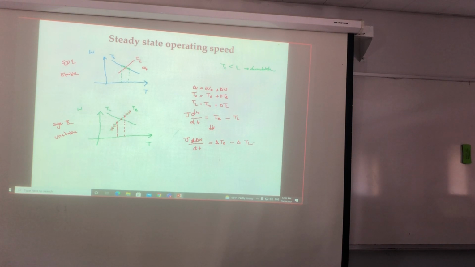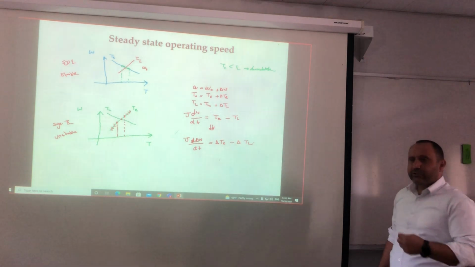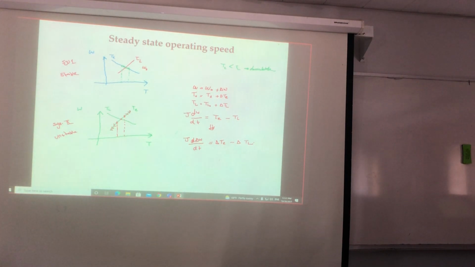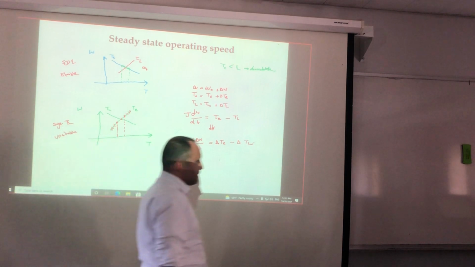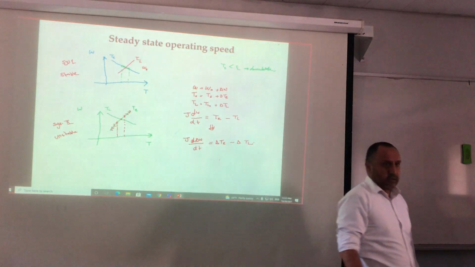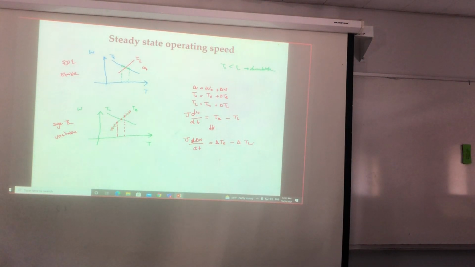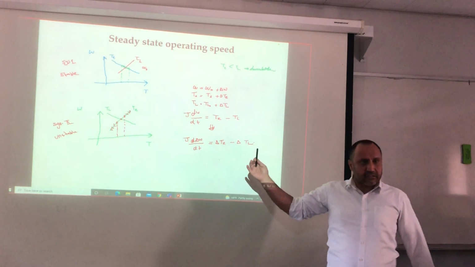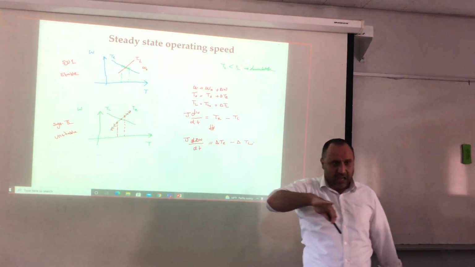Okay. Now I need to solve this equation. To solve it, I must write it as an ordinary differential equation. The variable here is omega, so I'm differentiating omega with respect to t.